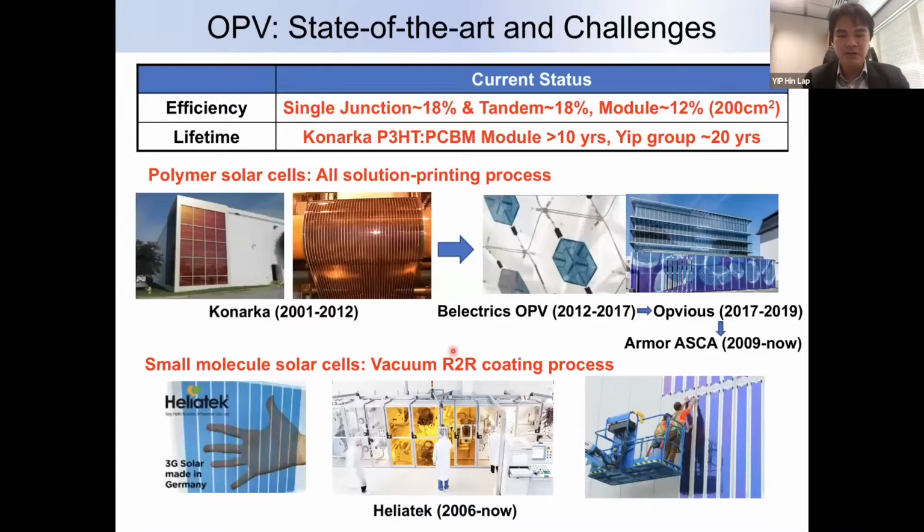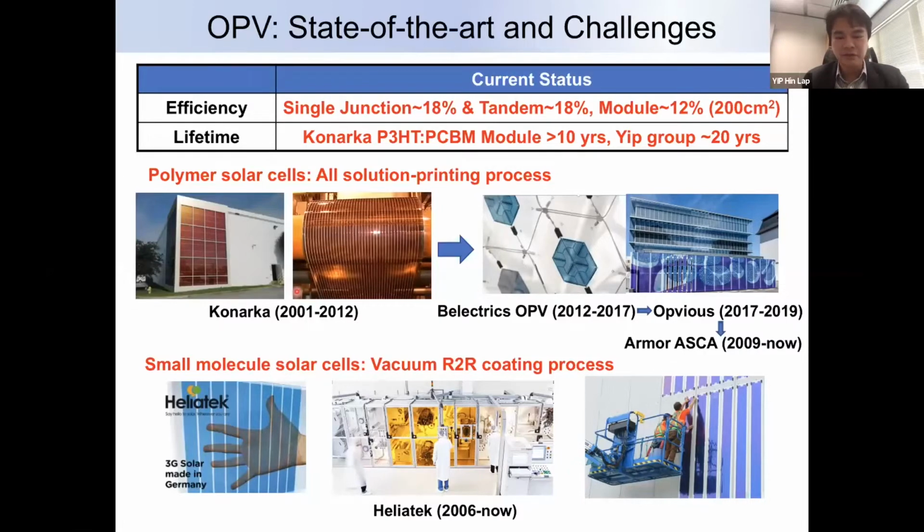So nowadays, after 20 to 30 years of development, there is huge progress in improving the performance of organic solar cell. Nowadays, the single junction or tandem solar cell already shows up to 18%, making them more and more competitive. And even in module, they are also showing over 10%.